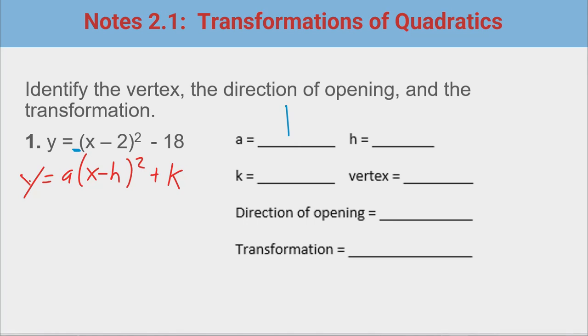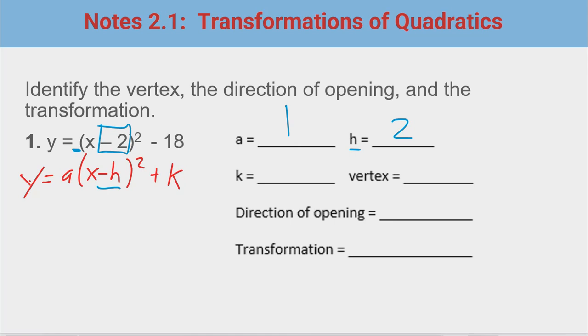Okay, my H value, right, shown here, is going to be the opposite of what we see, right? So if it is x minus 2, my H value is positive 2, right? We flip the sign of whatever is happening to x, okay?